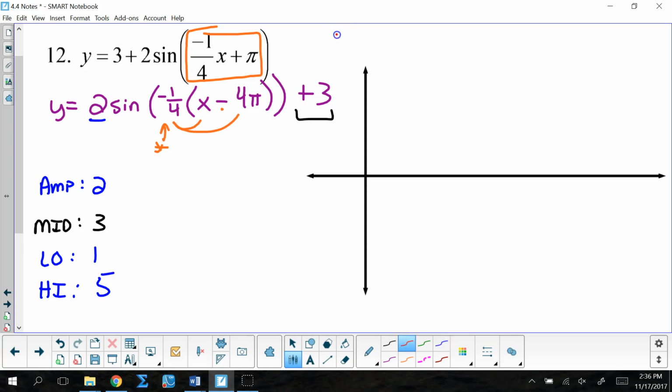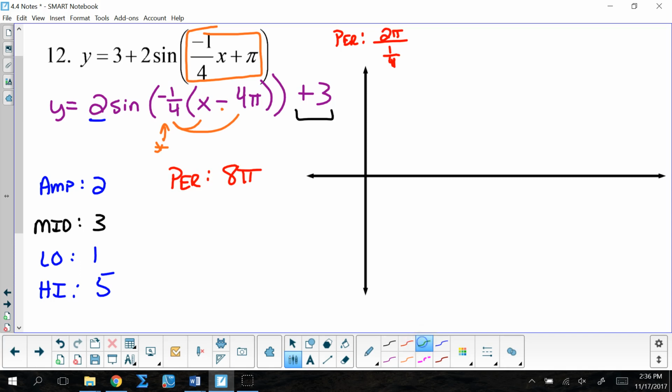Period is going to be 2 pi divided by 1/4. Because we take the absolute value there, that should be a 4. So 2 pi divided by 1/4 has my period here as 8 pi.